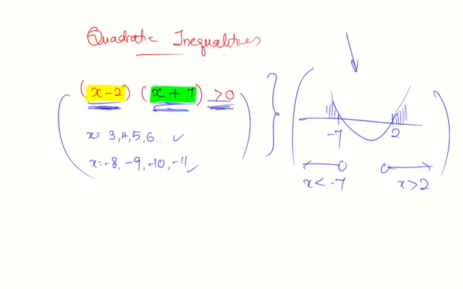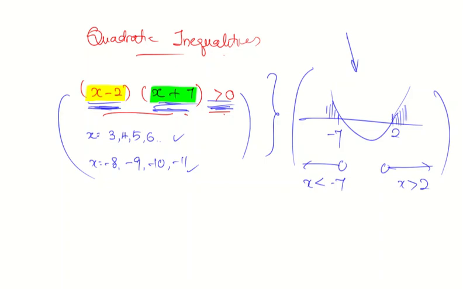Okay, I repeat one more time. Okay, quadratic inequalities. If you want this quadratic equation to be positive, so we call this inequalities because it's more than 0. If you want it to be more than 0, to be positive, yellow is positive, green also positive.